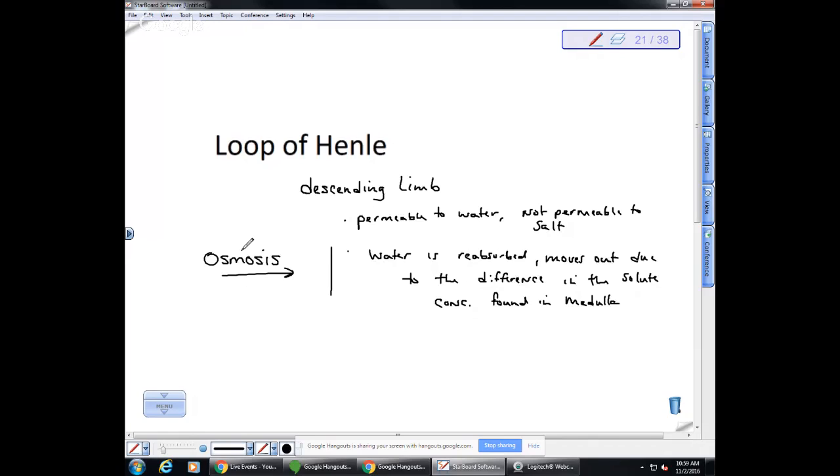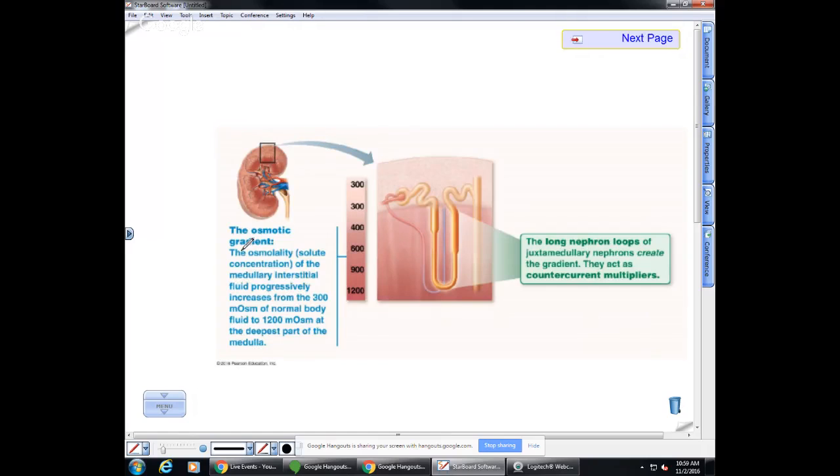So if we look at a diagram that shows this, this actually shows the solute concentrations in the medulla. As you go down, you notice that specifically salt and urea and other solute concentrations get progressively larger. So this is very concentrated and this is not so concentrated.